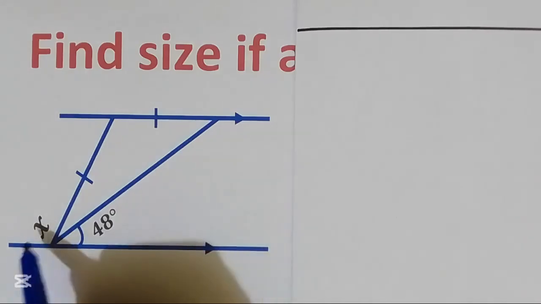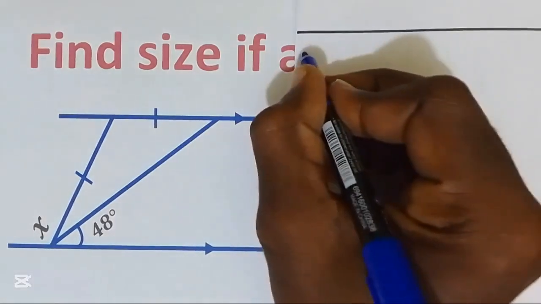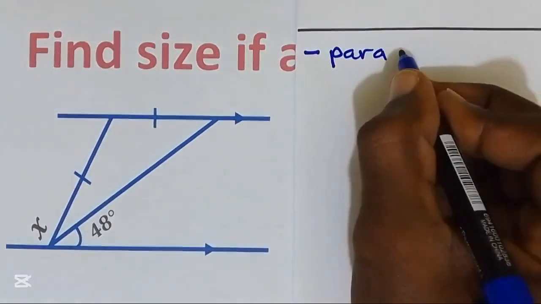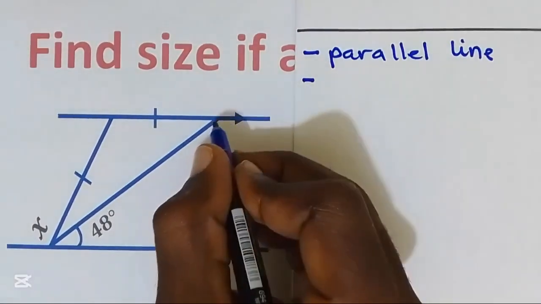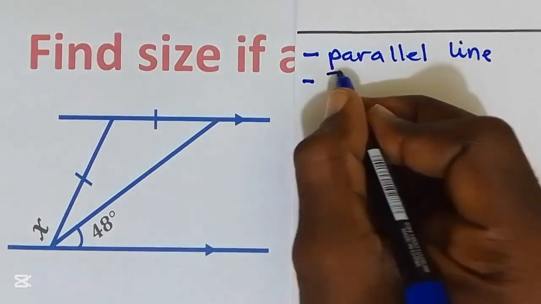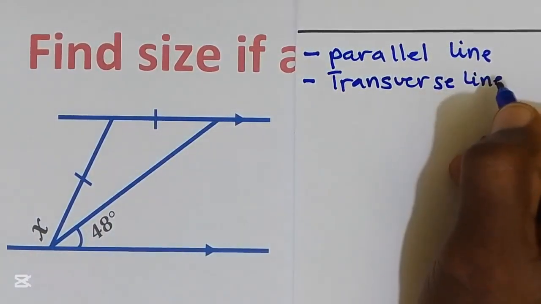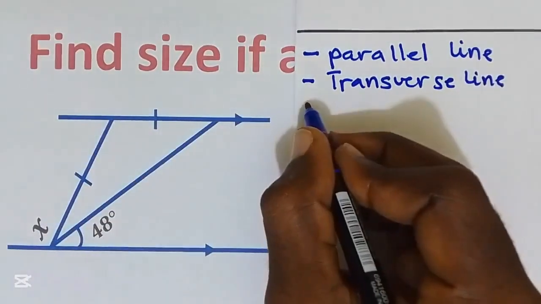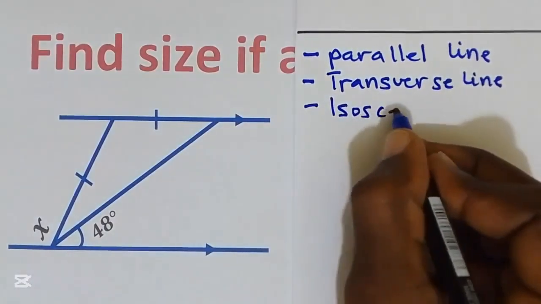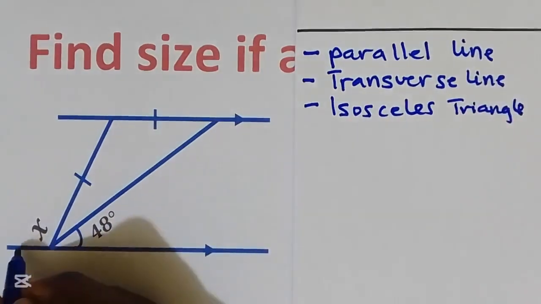To solve for x, we are going to use the concept of parallel lines, transverse line, isosceles triangle, and a straight line.